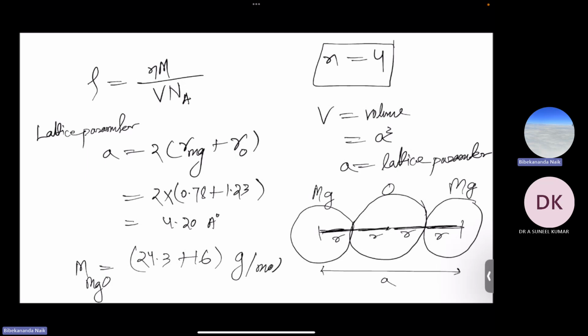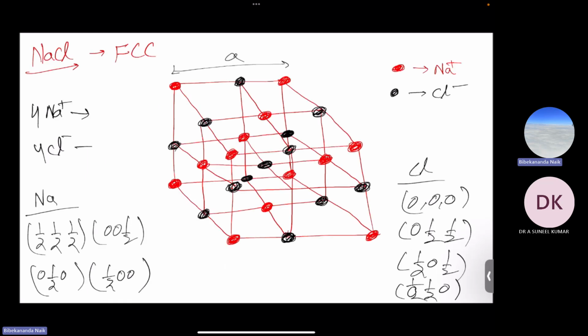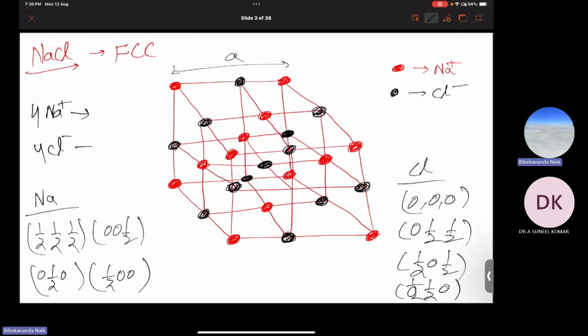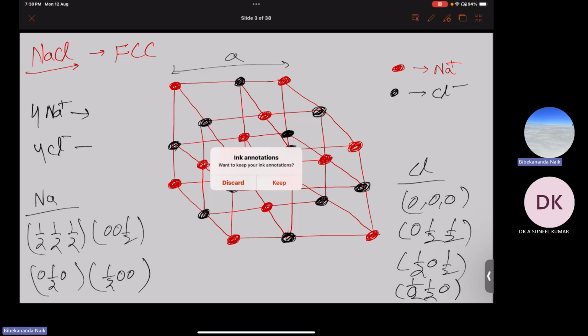Since it is per mole, that's why we are dividing this by Avogadro's number, that is 6.023 into 10 to the power 23. So if we calculate the density, let me add another slide.